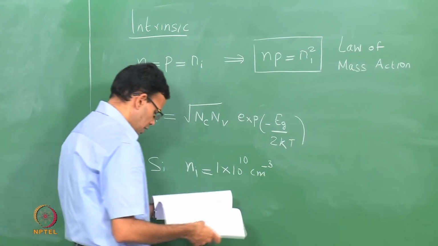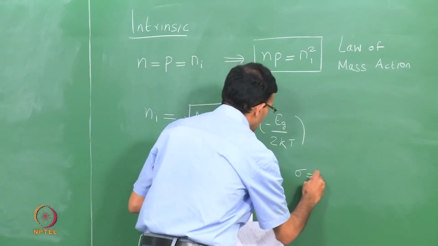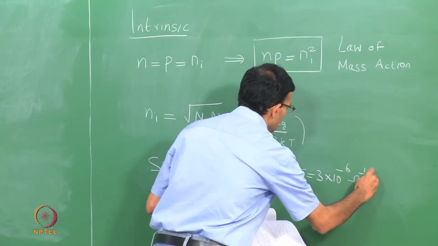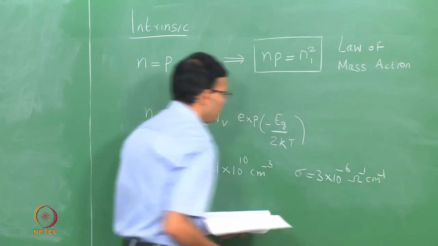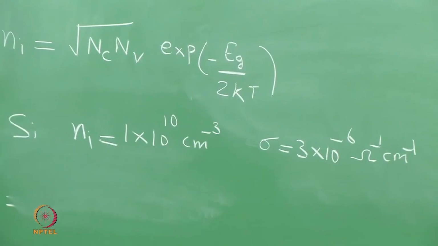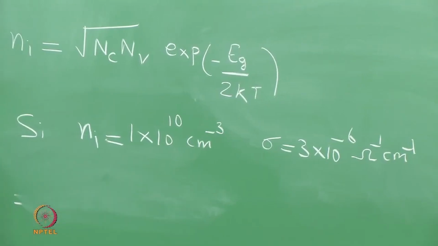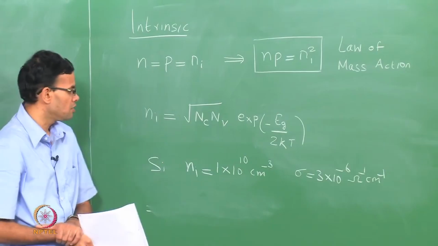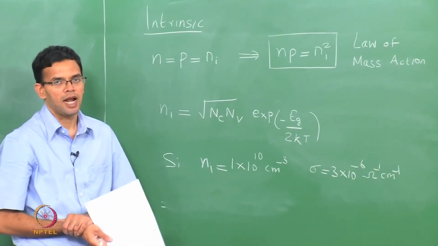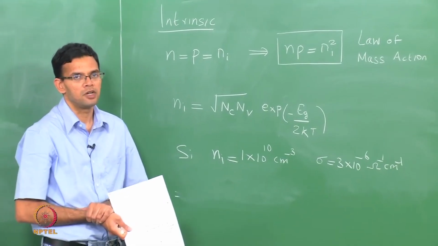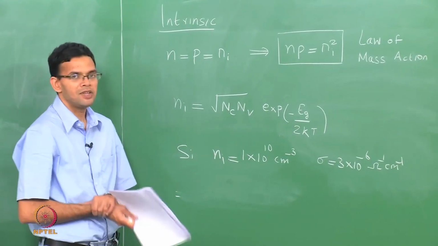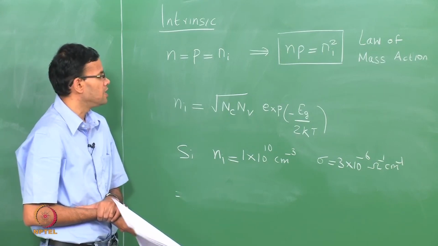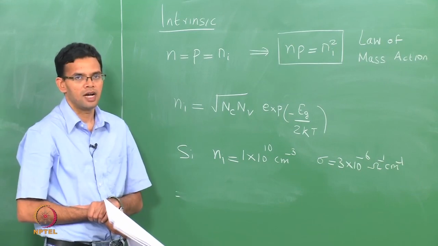The only way we could increase the conductivity, if you still want to keep intrinsic silicon, was to increase the temperature, but increasing the temperature is not practical because the devices have to work at room temperature. So, the next thing we will see is how to increase the conductivity by doping, and these are extrinsic semiconductors which we will start in next class.